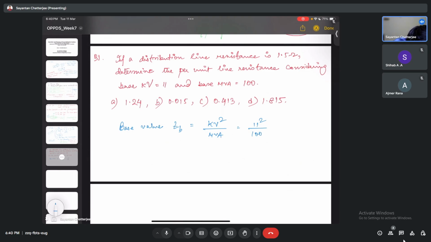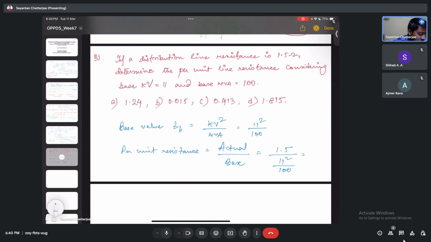And when we have the per unit resistance, it will be actual by base. Base we have already obtained, 11 square by 100, and actual is 1.5.